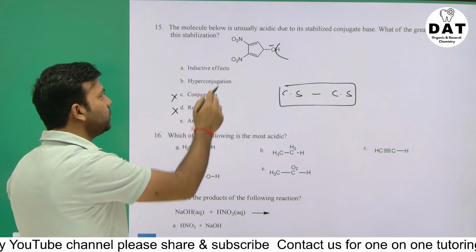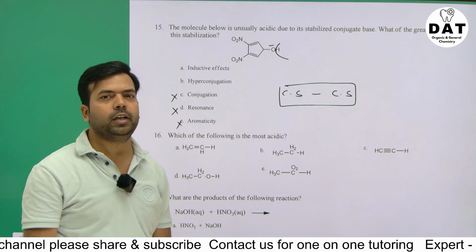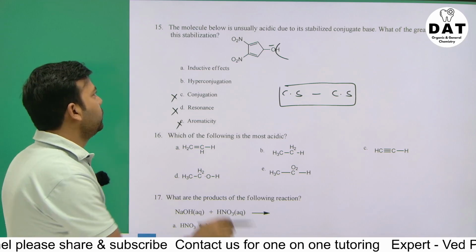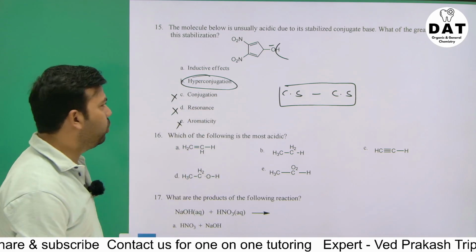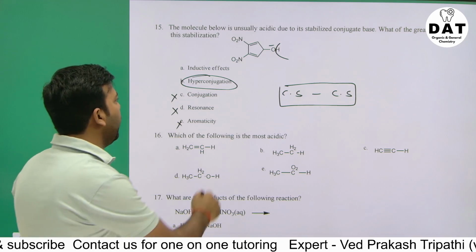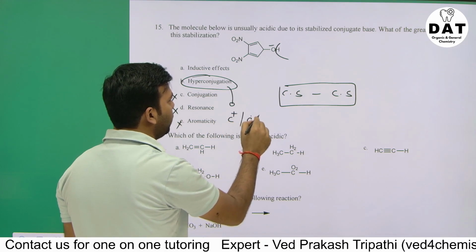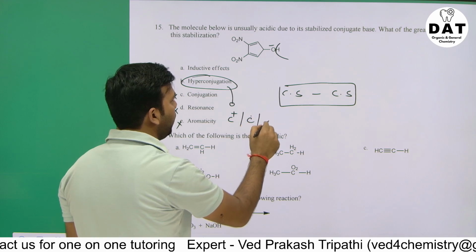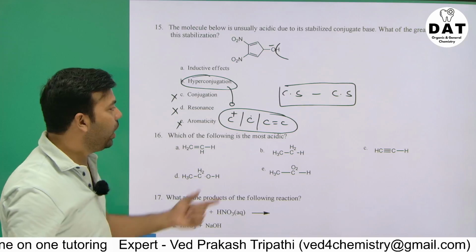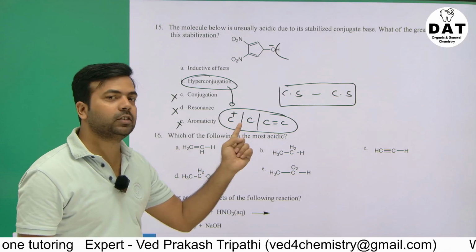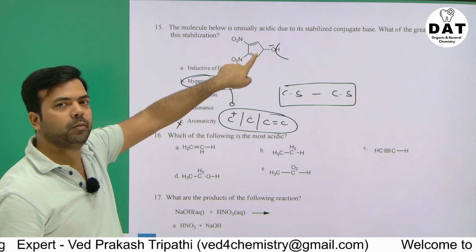And also this is not aromatic, because for aromaticity it should be cyclic conjugated, entire ring. So now here you have inductive. Listen, do not think about hyperconjugation. I don't know why this is given in the option. Hyperconjugation is only valid once you have a carbocation or radical, and a carbon double bond carbon. But you have to check the stability of negative charge here, not double bond.